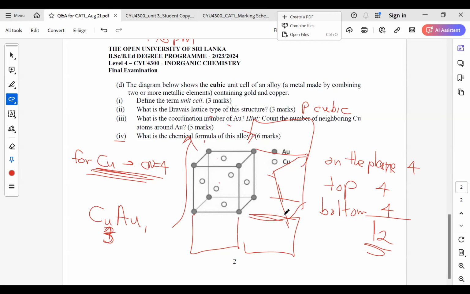That happens because the unit cell is defined with the corners being Au. Let's say you are going to draw the unit cells in this crystal solid so that you are joining copper atoms. Then you are going to consider copper as your lattice point. In that case, wherever the gold atoms are, they will not be lattice points. The logic is that lattice points in a lattice are identical positions within the crystal.